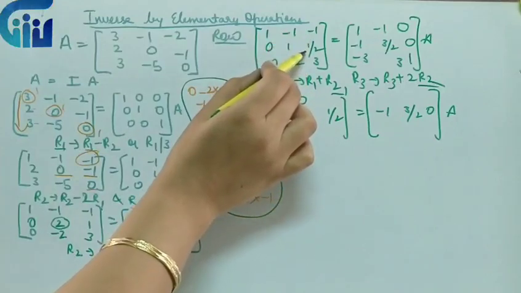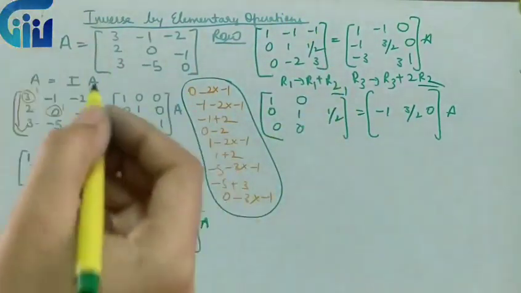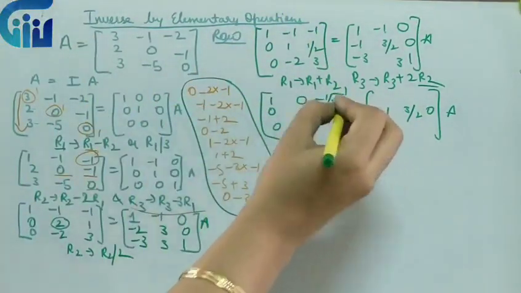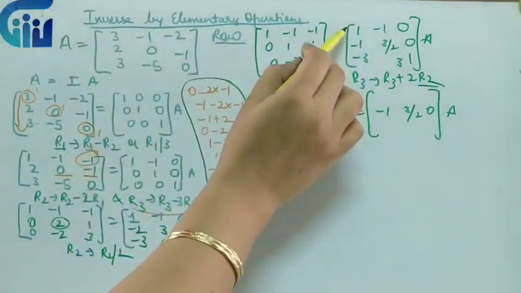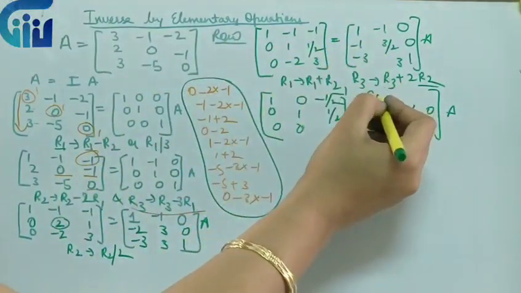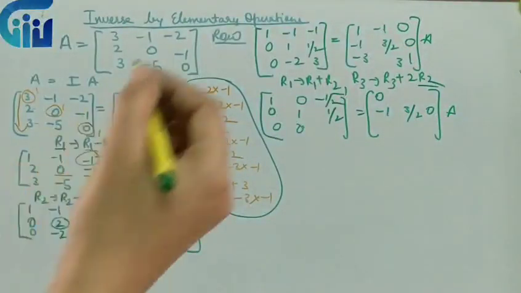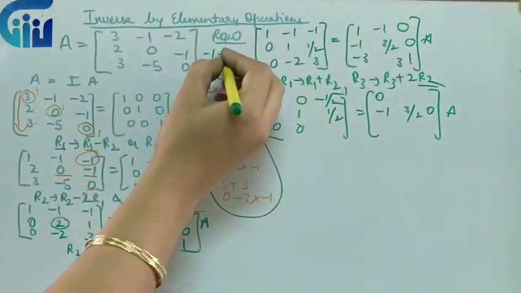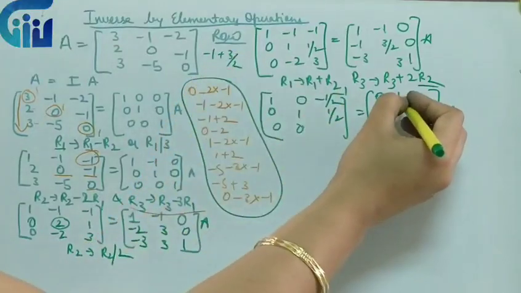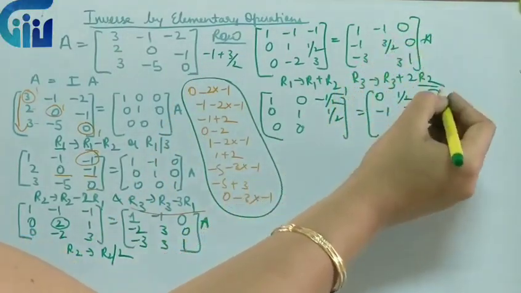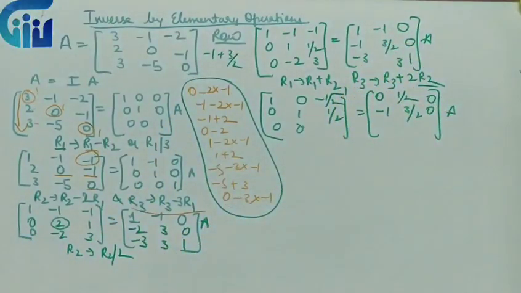R1 is minus 1 plus half. Minus 1 plus half will give you minus half. Similarly over here, 1 minus 1 will give you 0. Minus 1 plus 3 by 2 will give you 1 by 2. And 0 plus 0 will give you 0. So R1 is done. Now let's move on to R3.